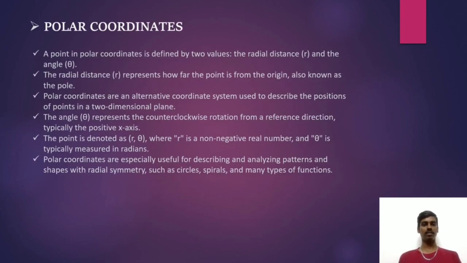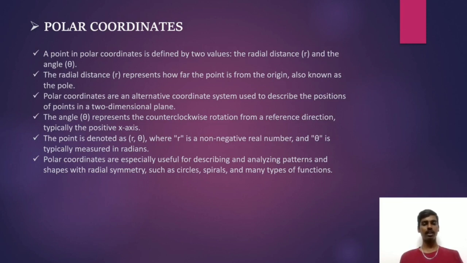Polar coordinates. A point in polar coordinates is defined by two values, the radial distance r and the angle theta. The radial distance r represents how far the point is from the origin, also known as the pole. Polar coordinates are an alternative coordinate system used to describe the positions of points in a two-dimensional plane.